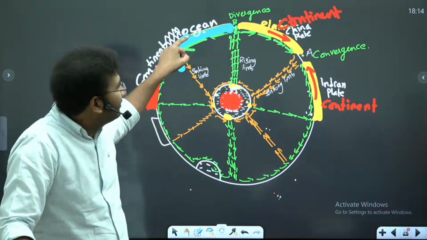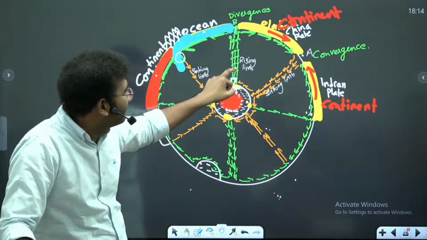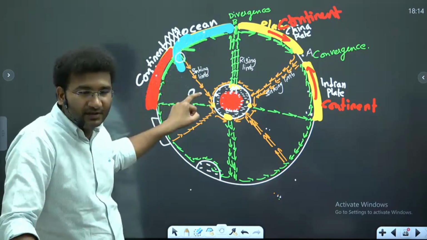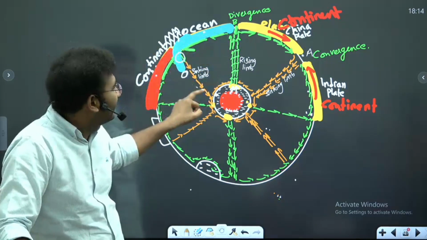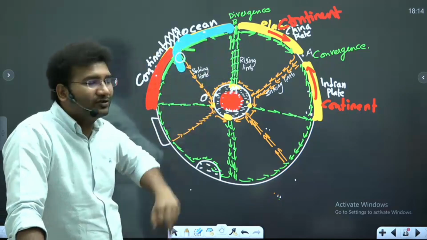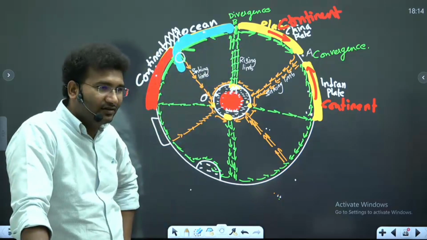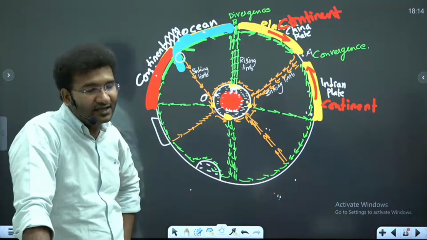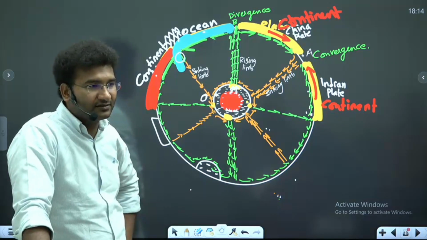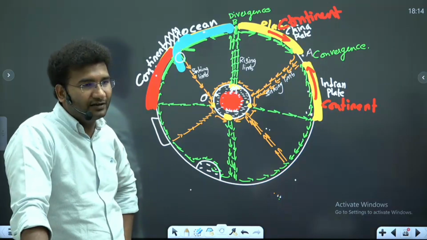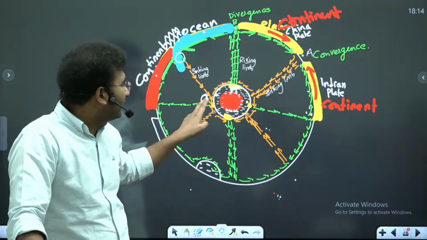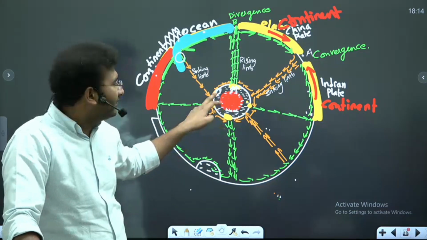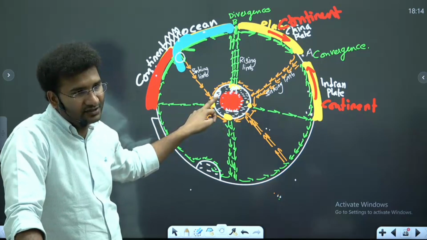That means the material keeps moving; it is the entire earth material. Everything goes through the cycle. Got it? Now this cycle is called the mantle convection cell. The purest form of material will go and reach the core, and the impure materials will stay in the outer core.